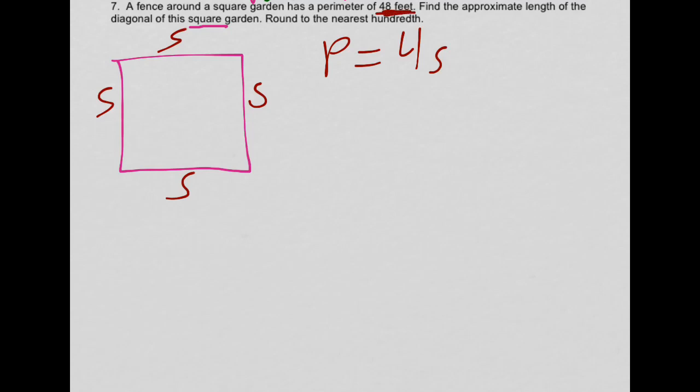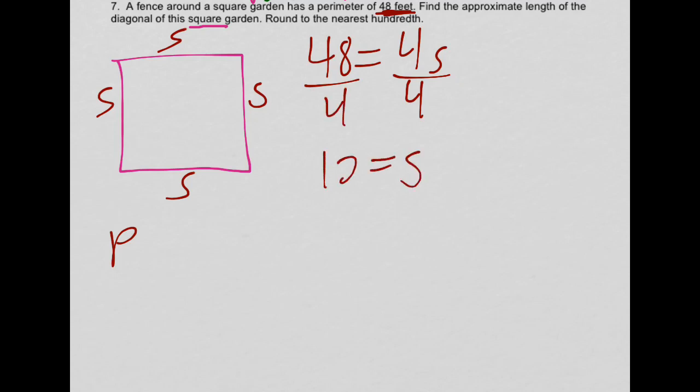So instead of having our perimeter here, we can just move this aside and we can put in 48 feet. Divide both sides by 4, and you get S equals 12.